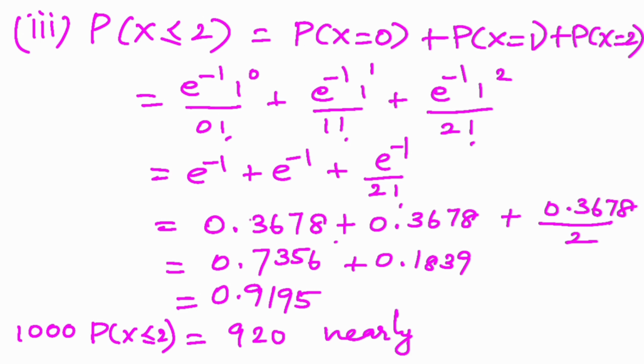After calculation we get 0.9195. For 1000 packets we multiply this probability value by 1000, we get 920 nearly. The number of packets out of 1000 with at most 2 defective items is 920.